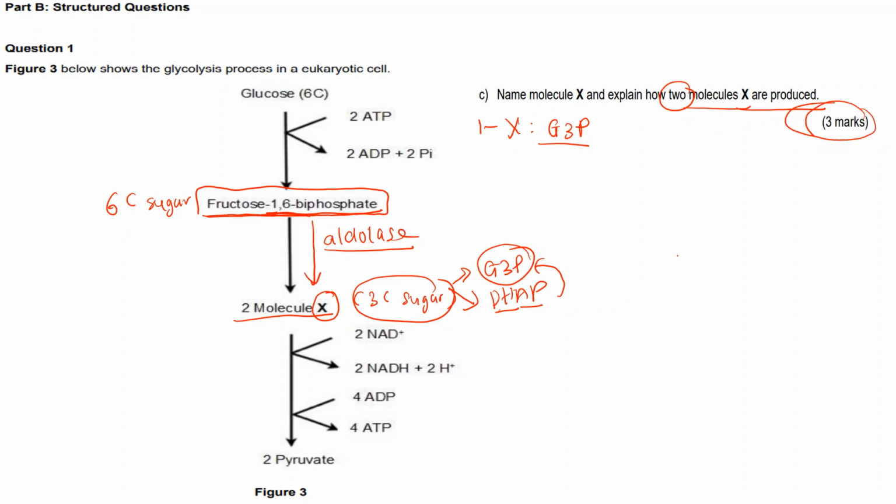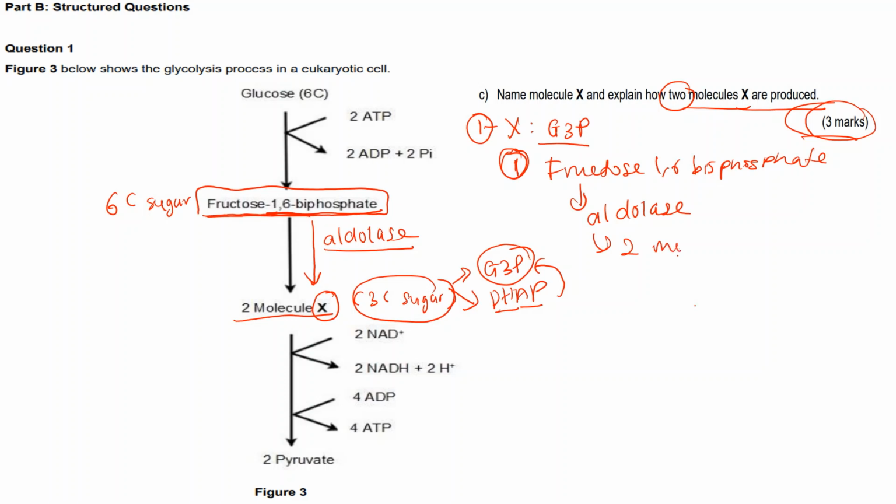It means that for you to gain the next 2 marks, you have to mention, this is for the first mark, this is for the second mark: fructose 1,6-bisphosphate has to be broken down, using the enzyme aldolase, into 2 molecules of 3-carbon sugars, one is G3P and the other one is DHAP.